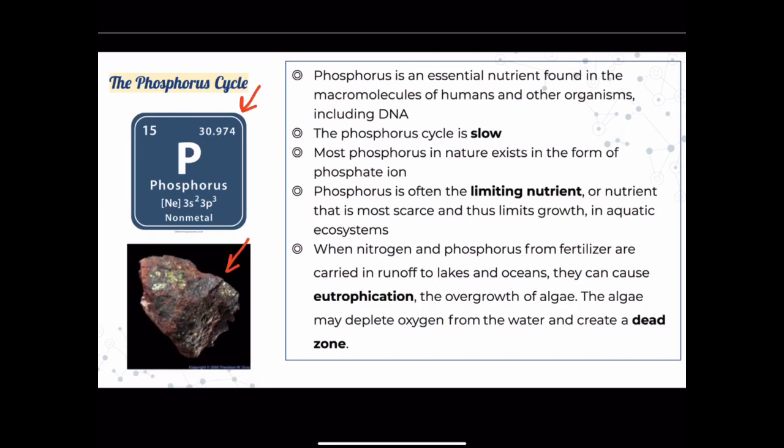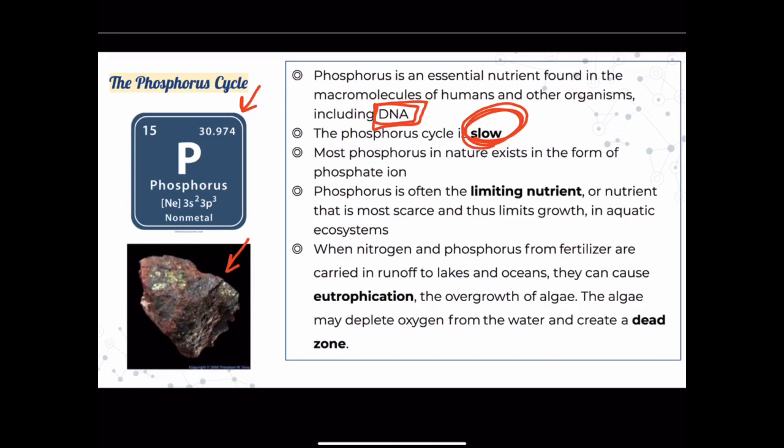Well, if you like having DNA and cell membranes and bones in your body, you probably also want to make sure that there's enough phosphorus to go around for everybody. Phosphorus is an essential nutrient found in humans and other organisms, and it is one of those elements that actually make up our DNA. This cycle is extremely slow.